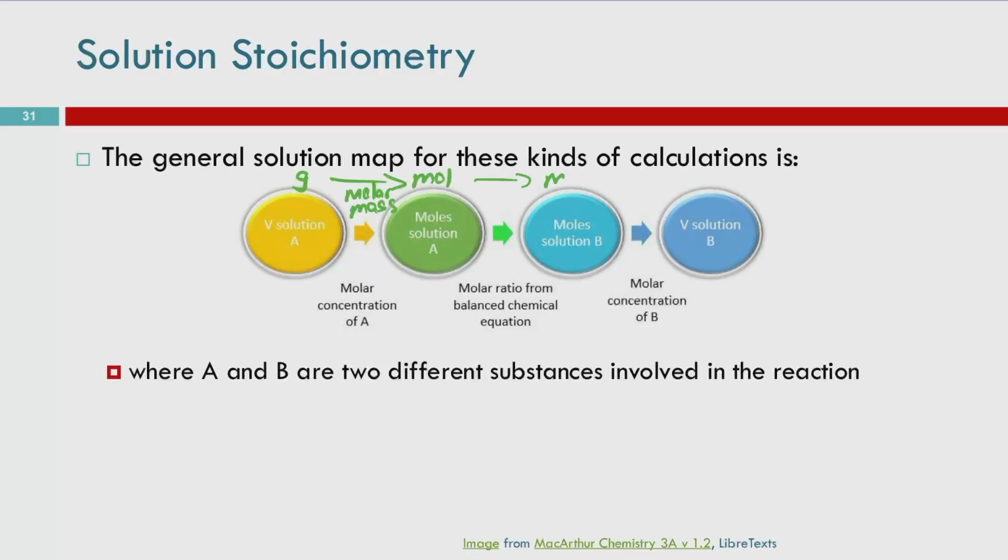And then we can go to moles of a different thing. So this middle step, the stoichiometry step, is the same as how we've always done it. That's not new. But then from moles, since we're dealing with solutions, we could go to molar concentration, molarity, or to volume. And that's similar to going to grams, again with molar mass.